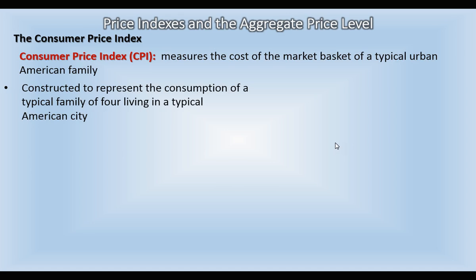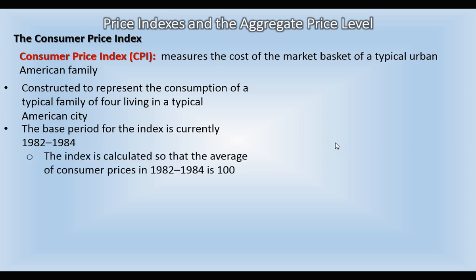It's constructed to represent the consumption of a typical family of 4 living in a typical American city. The base period for the index is currently 1982 through 1984. The index is calculated so that the average of consumer prices in these years is equal to 100, again normalized for this base year range period that they use.